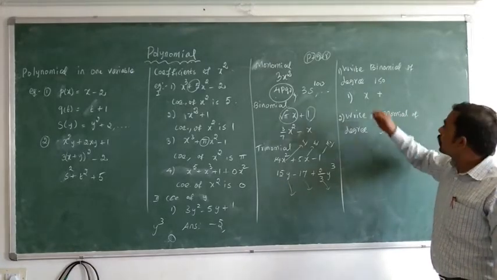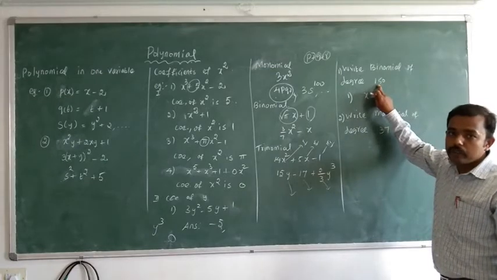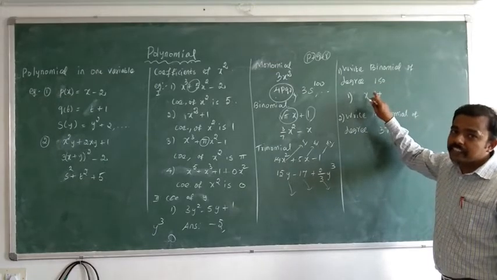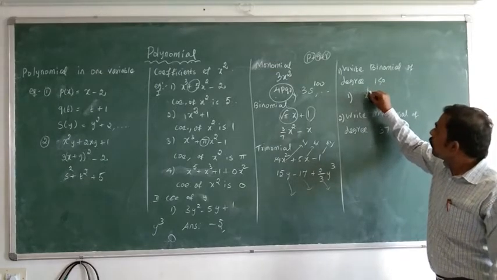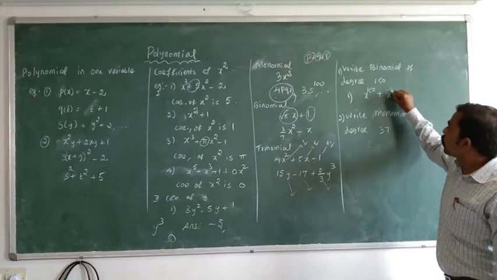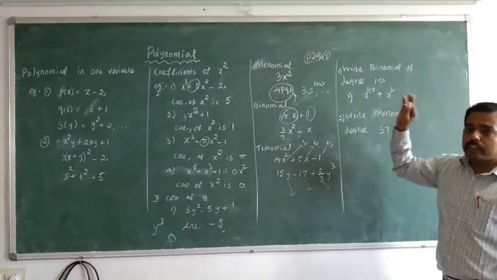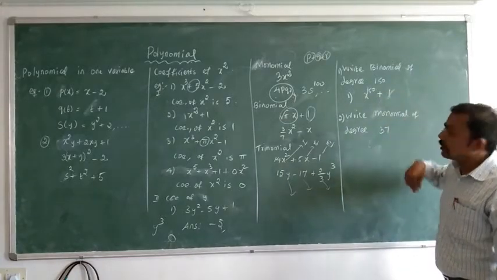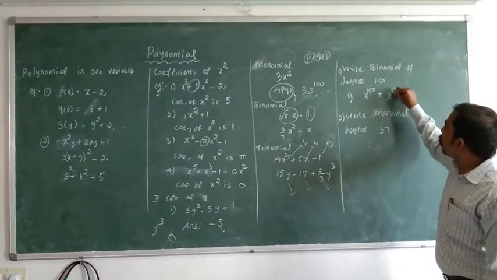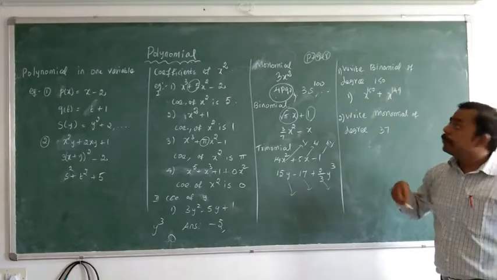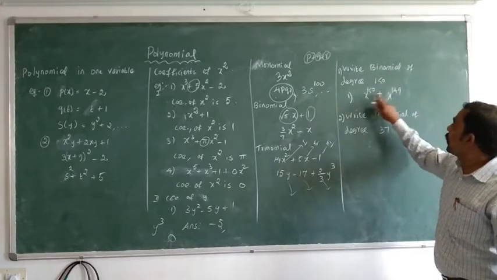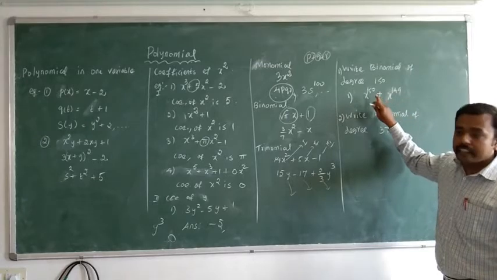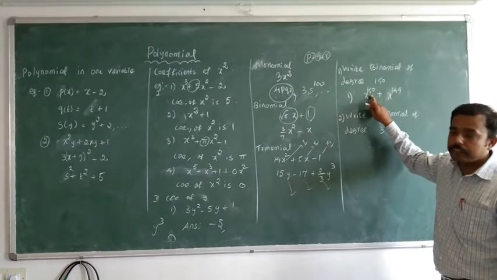Suppose I introduce x, with power 150. The degree should be the highest. So here 150, and here you can write x squared, x power 3, whatever, but less than 150. You can introduce x power 149 also, because the degree is 150. Compare the power terms, which one is bigger? This one. So we can write degree 150.